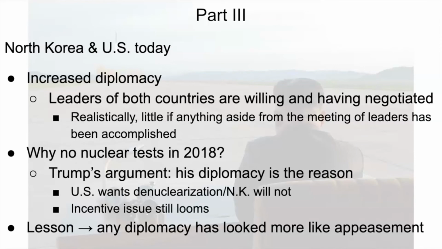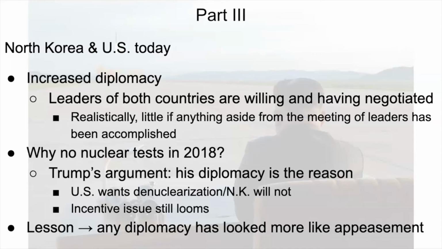Let's go beyond the reading and take a look at North Korea and the United States relationship today. So, in recent years, under the Trump administration, diplomacy has come back and the two countries have negotiated. In 2018, the talks of the two leaders getting together started to snowball, and then eventually they did have a few meetings.